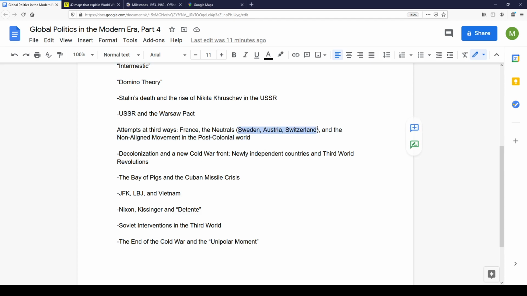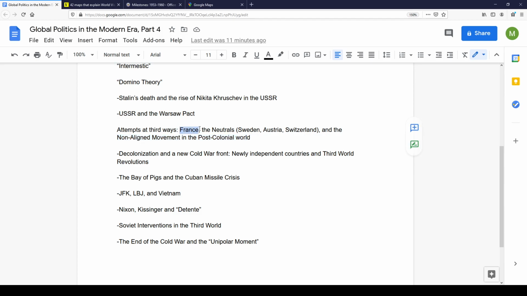It is a grouping of countries who were either colonized or non-Western, and they didn't want to choose the U.S. side or the Soviet Union side.